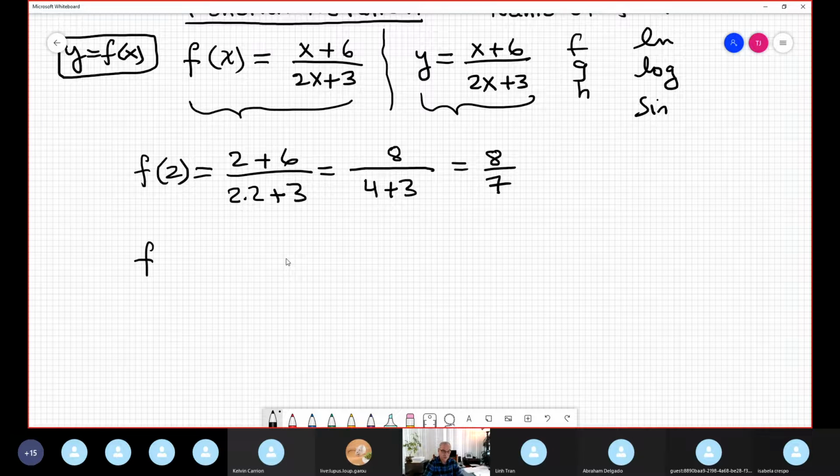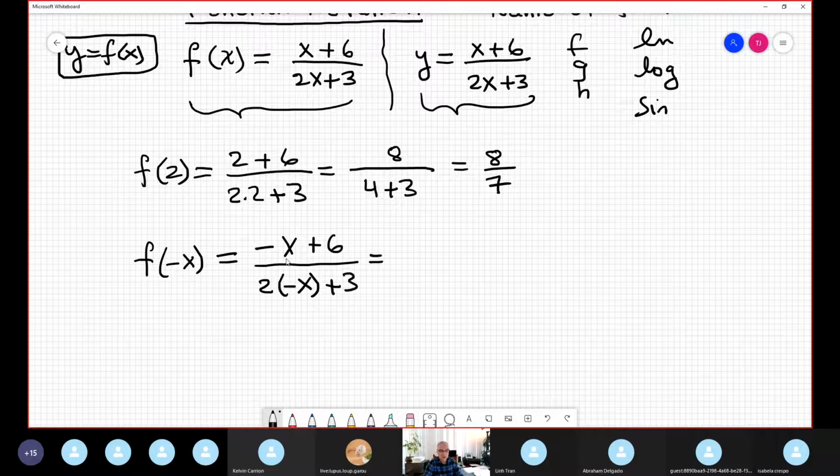What is a reflection? Reflection is when you change x for negative x. So when you change x for negative x, we are doing a reflection. I don't want to explain in detail in what direction the reflection is, but it's a reflection. So you replace x with negative x: negative x plus 6 divided by 2 times negative x plus 3.